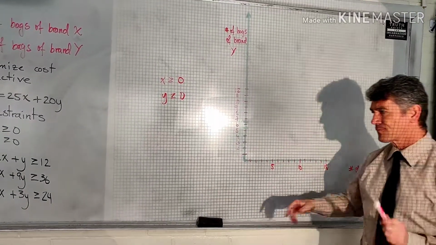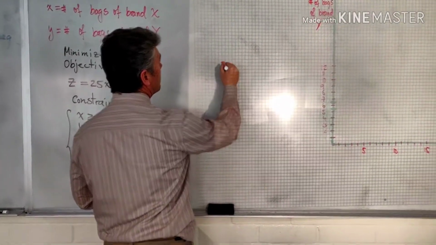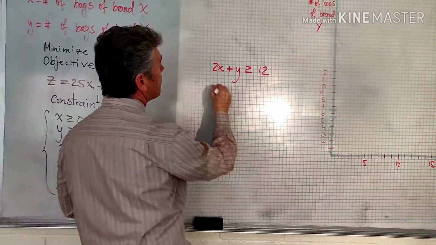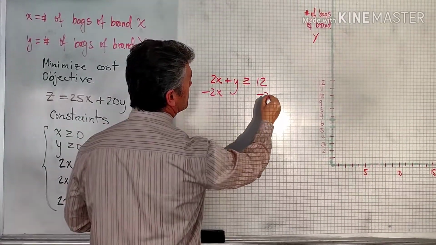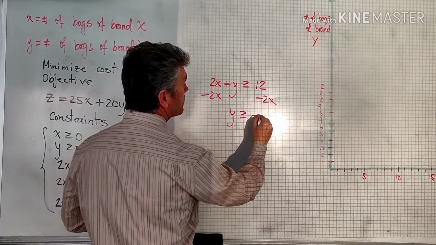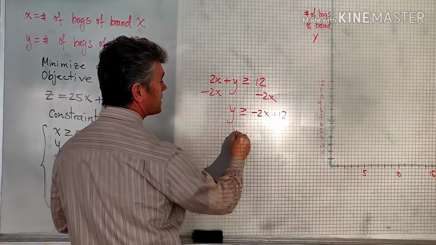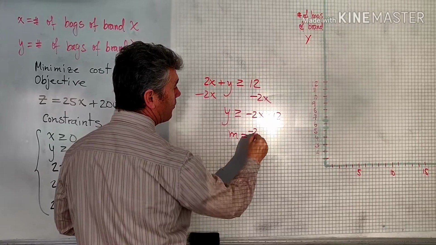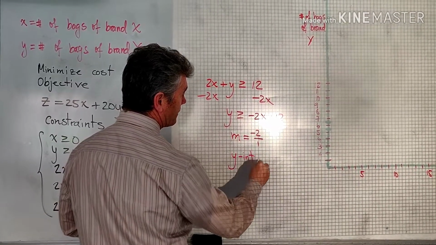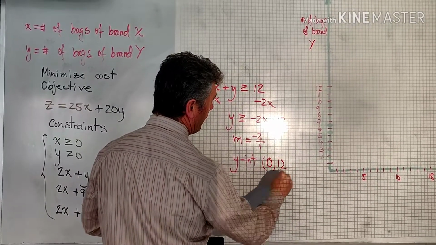We continue. We have 2x plus y is greater than or equal to 12. We subtract 2x from both sides. y is greater than or equal to negative 2x plus 12. We have a slope of negative 2, or negative 2 over 1, and a y-intercept of (0, 12).